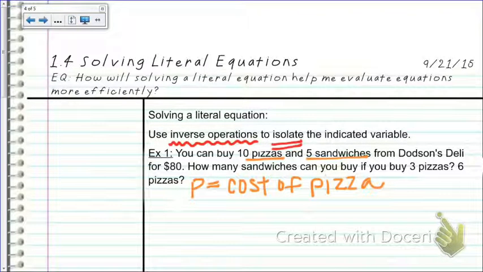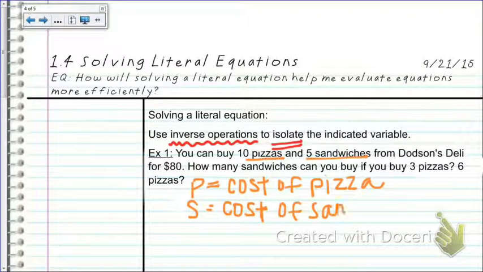And what variable do we want to assign sandwiches? S. So S equals the cost of a sandwich. Could I have used X and Y instead of P and S? Yes. It doesn't matter what variables you choose as long as you tell me what each variable represents.